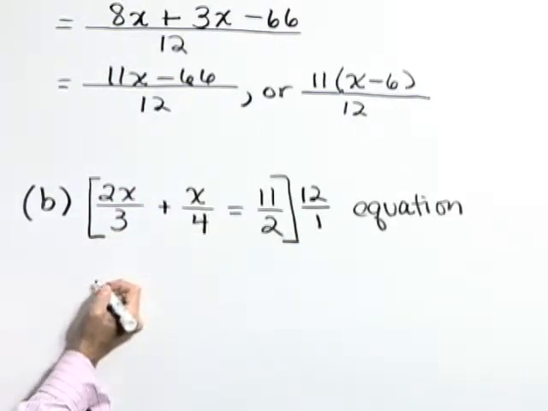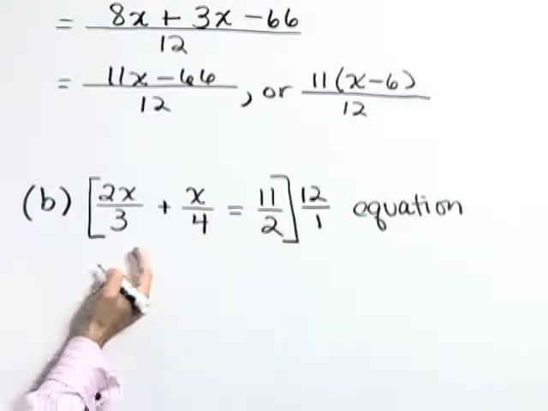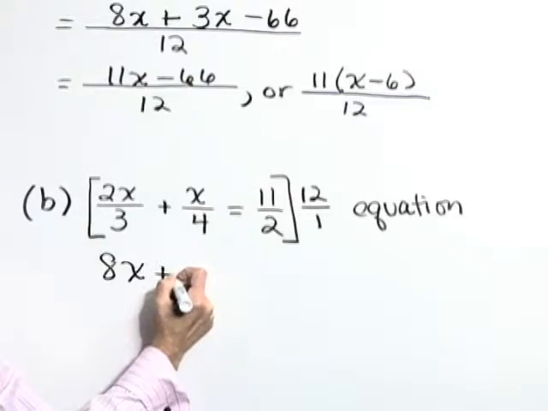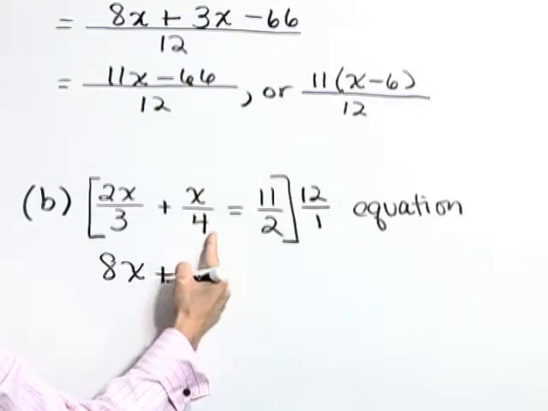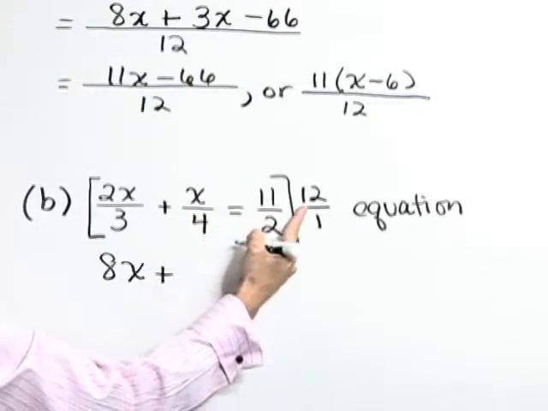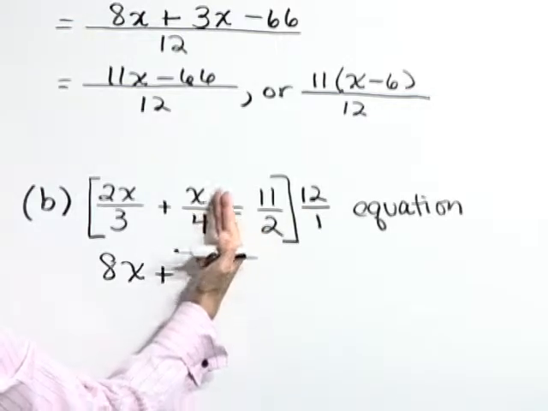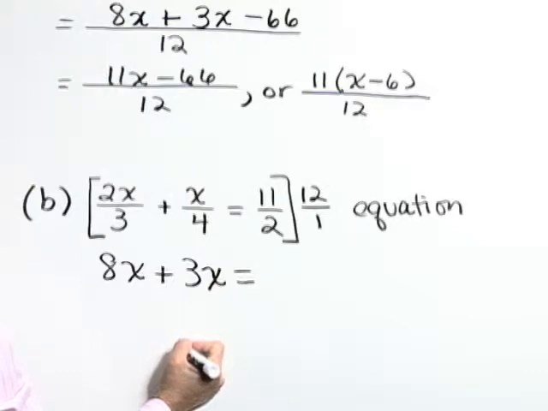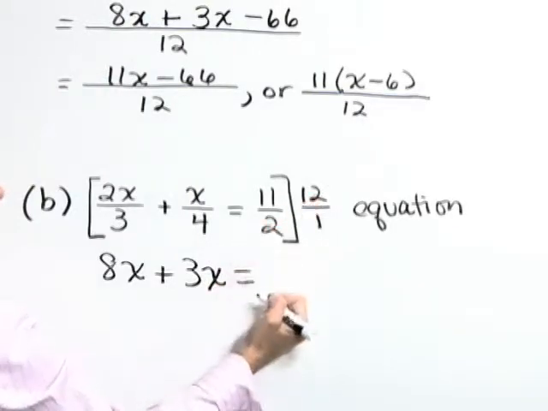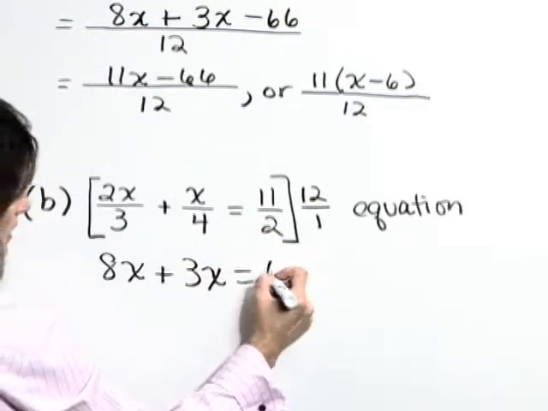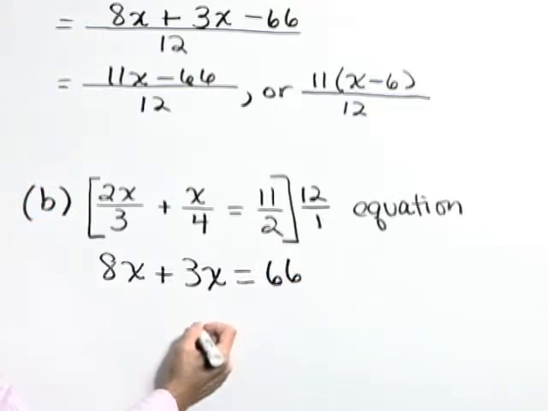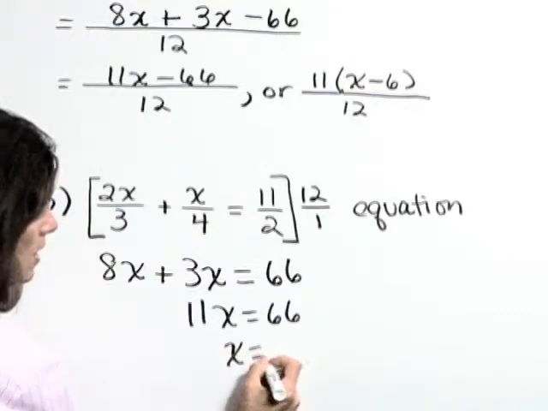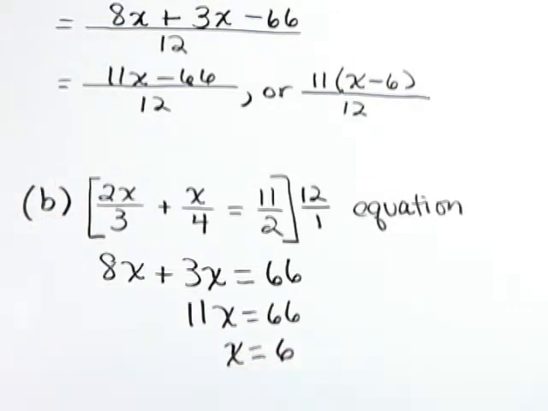The 3 cancels into 12 4 times, and 4 times 2x is 8x. 12 times x over 4. 4 cancels into 12 3 times, and 3 times x is 3x. That's equal to 2 goes into 12 6 times, and 6 times 11 is 66. This gives 11x is 66, or x is equal to 6.